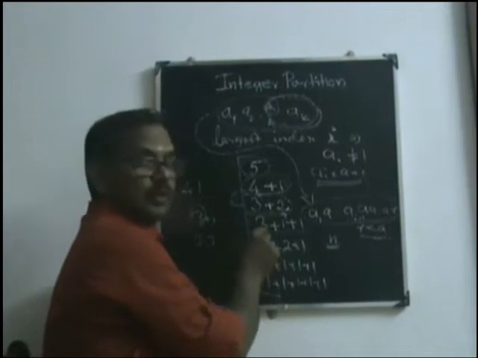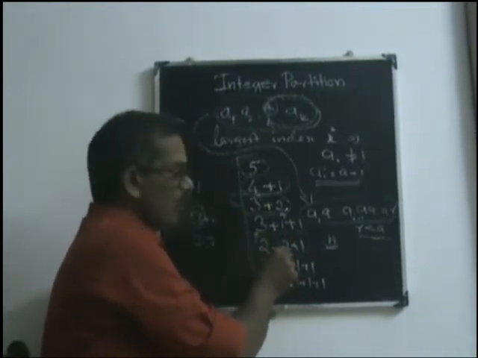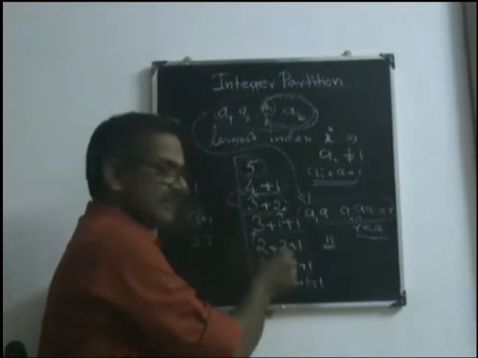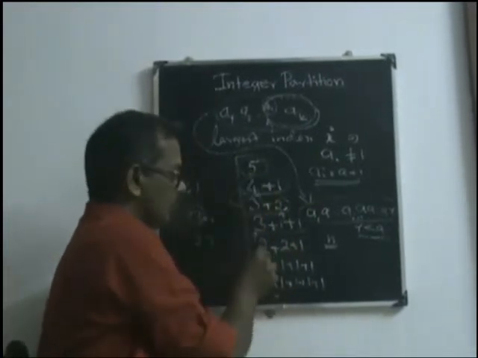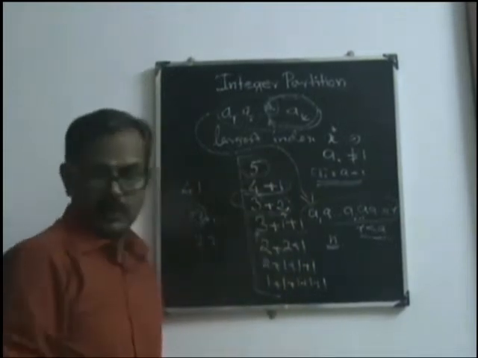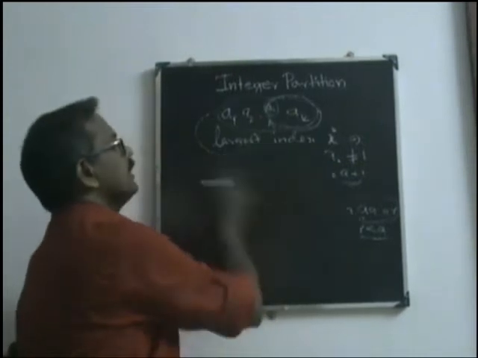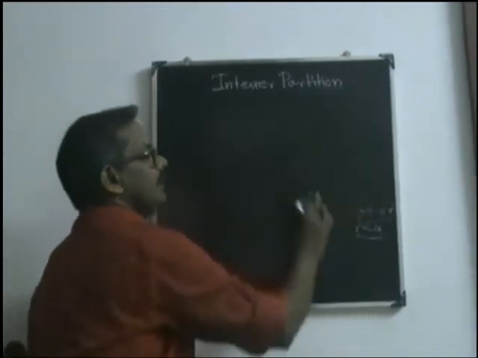So now 3 equals 2 plus 1. So we write 2, then again 2. So 2 plus 2 is 4. If you write 2 again, that is 6. But it should be 5. So 2 plus 1. That is the way we can generate all these numbers. Now our problem is not to find these partitions, but we have to find the value of p of n.